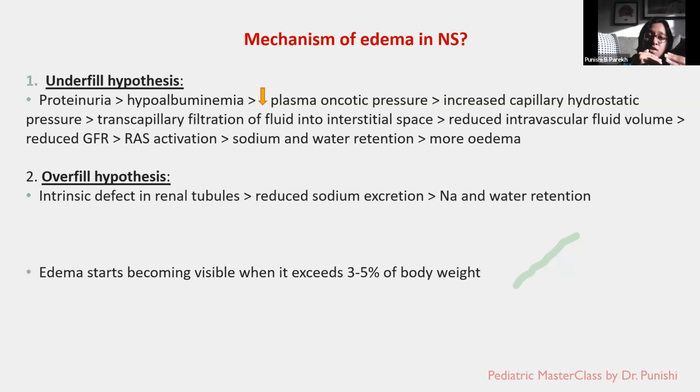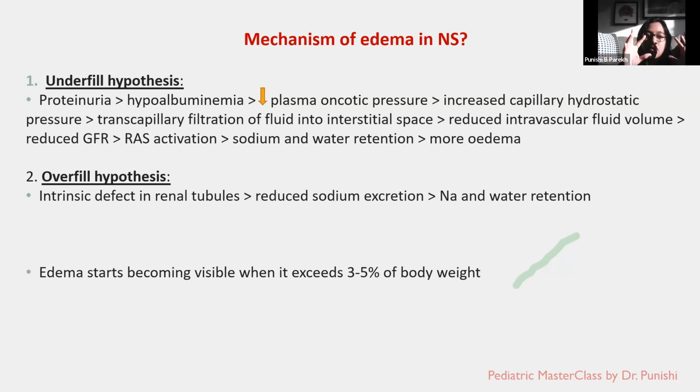Now, what is the function of renin-angiotensin? It increases sodium and water retention. Because it senses that, oh, the intravascular volume is reduced, probably the patient is hypovolemic, and we need to retain more sodium and more water. So once your RAS gets activated, it will cause more sodium and water retention, and that will result in more and more edema.